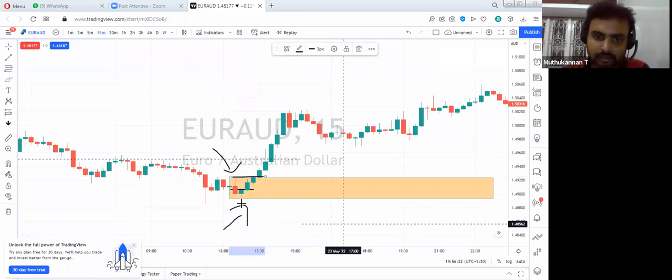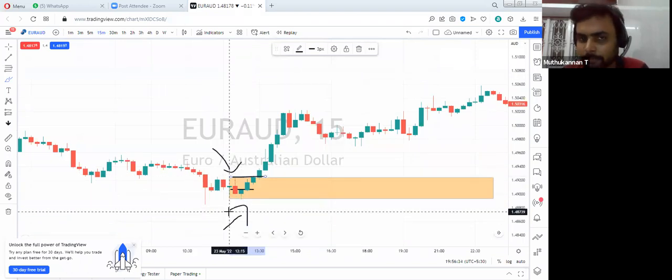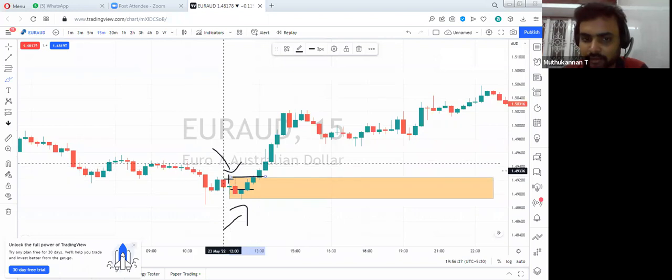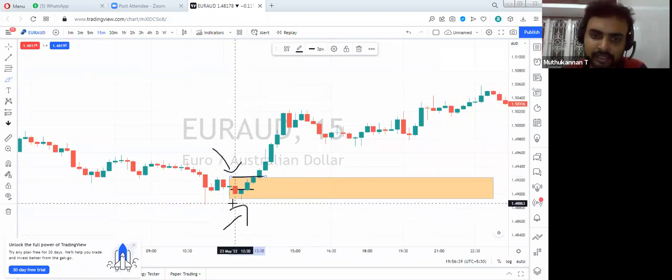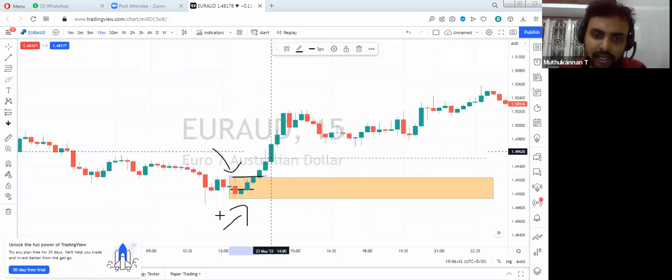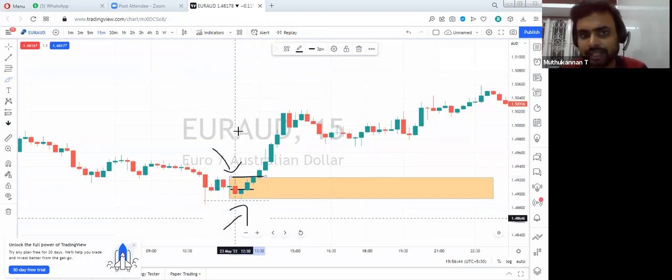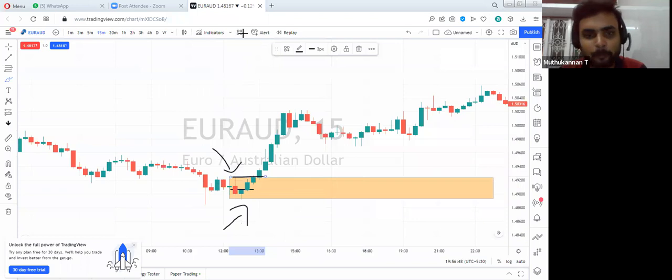And what about smart money? They also sold here, right? Their stop losses also got hit, right? Yes or no? Anyone? Please tell me, yes or no, guys? Smart money also lost, right?